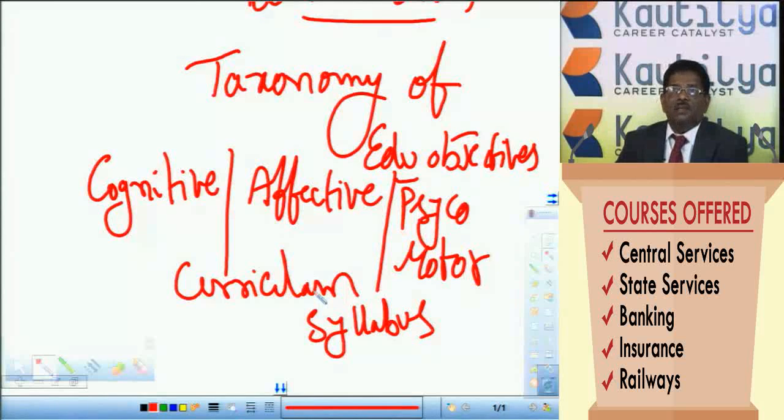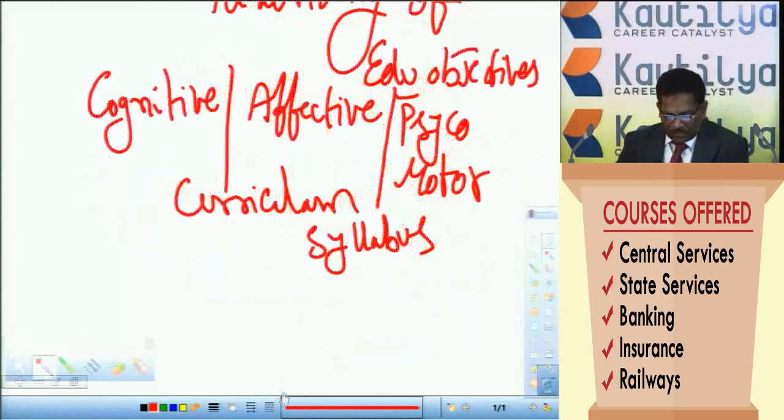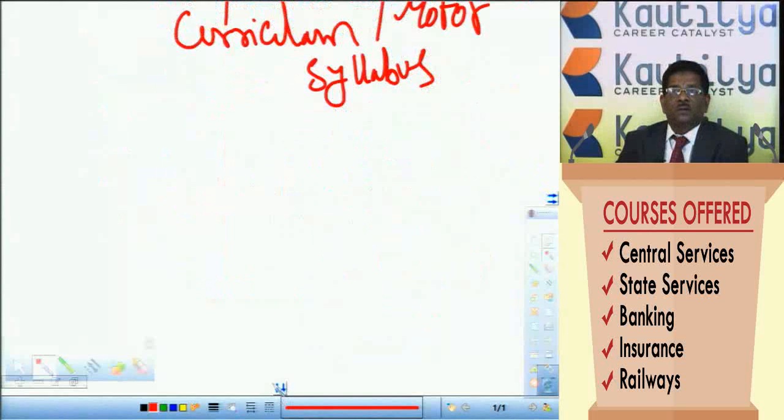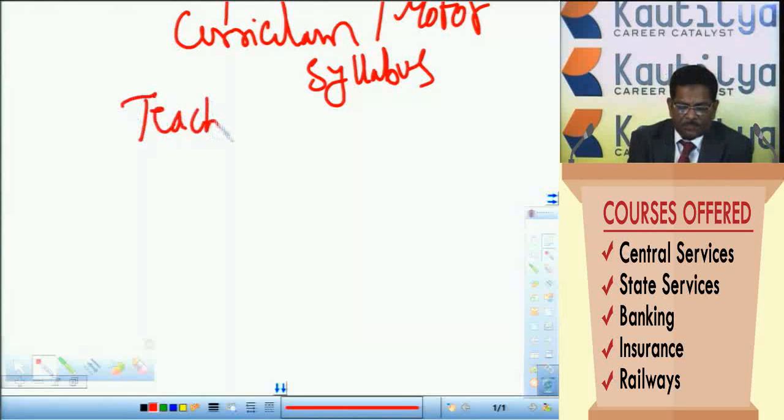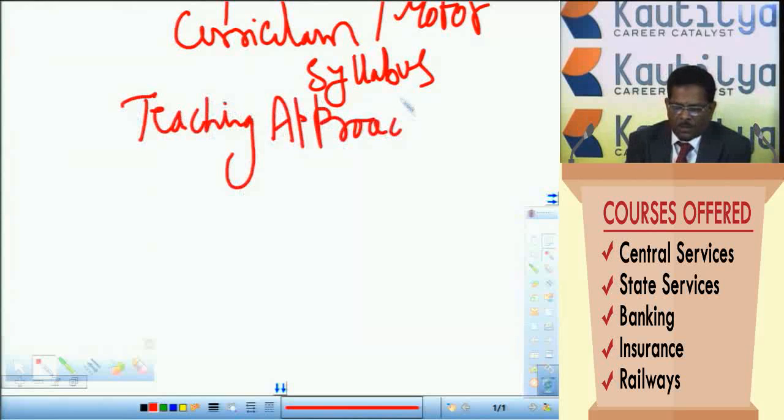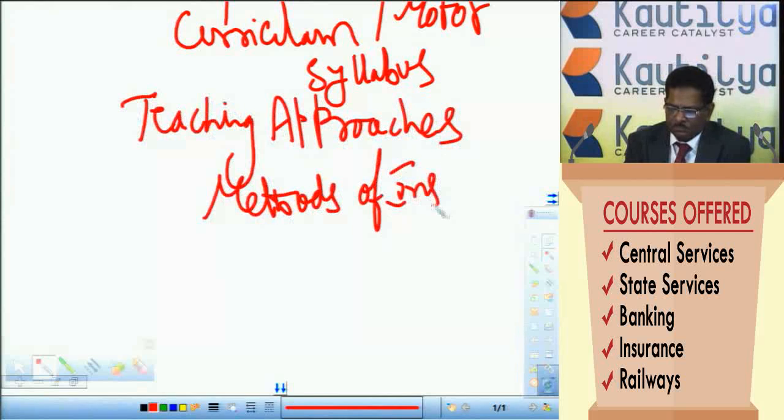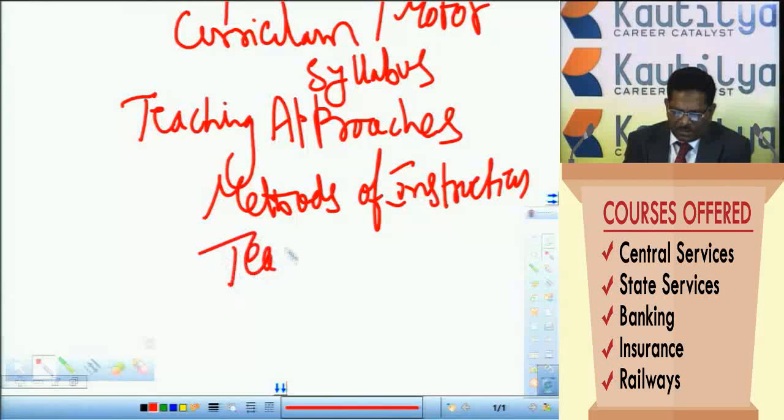Now let us see, as per the pedagogical concerns of the content, there are three different strategies for the answer to the question how to teach, that is teaching approaches, and methods of instruction, and third one is teaching techniques.